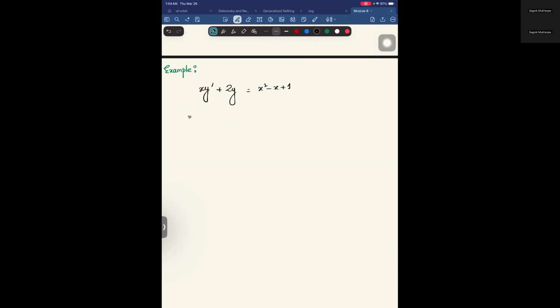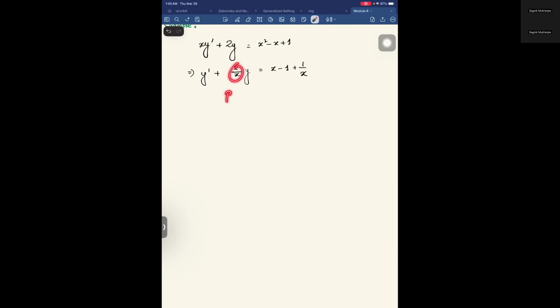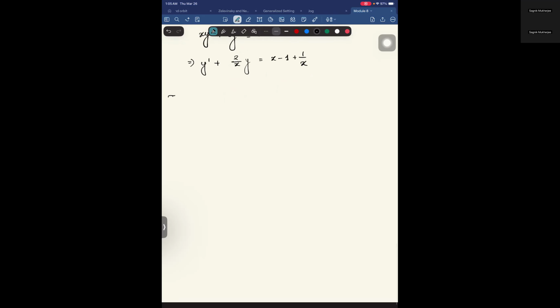So first of all, make it look like a first order differential equation. I divide the entire equation by x. So now this is px and this is qx, right? Now find out the integrating factor.